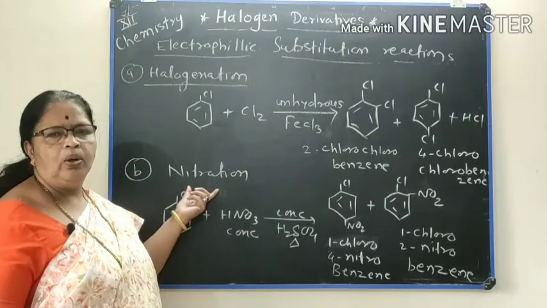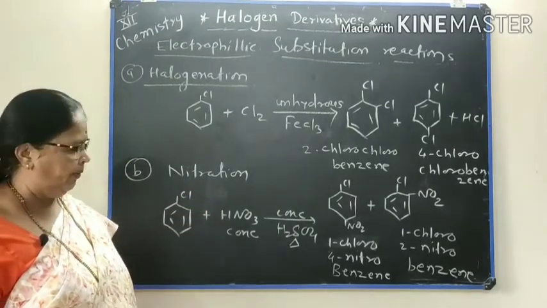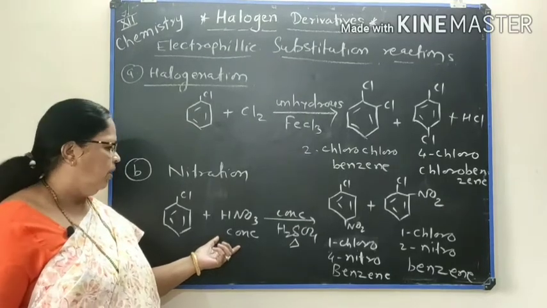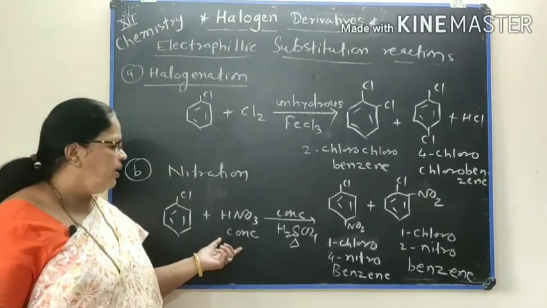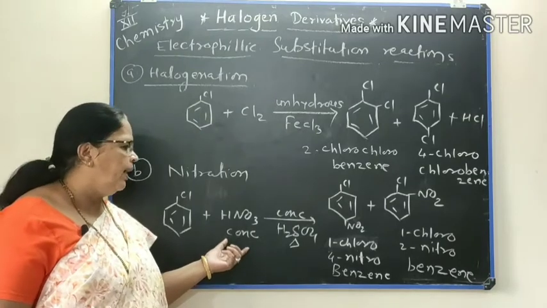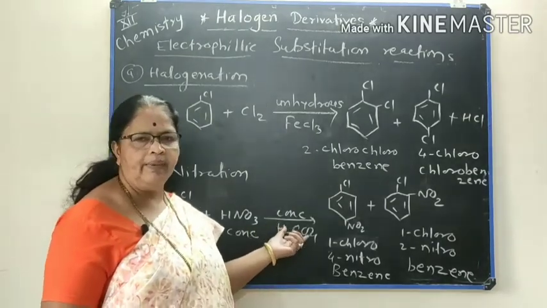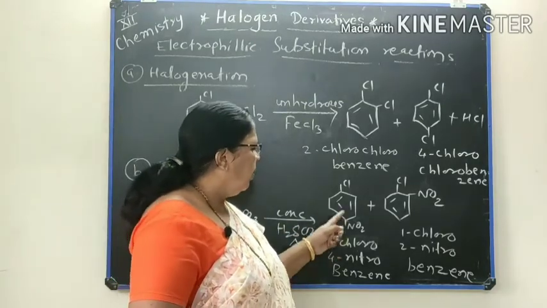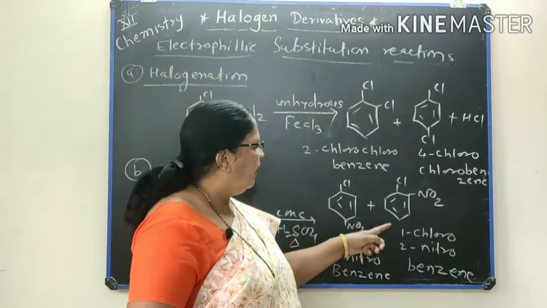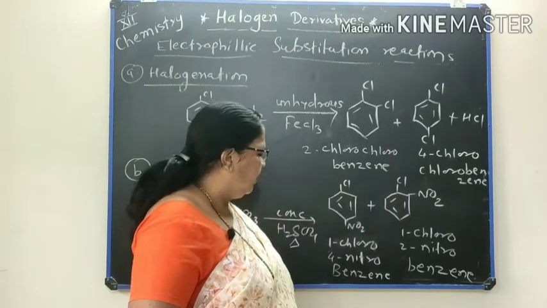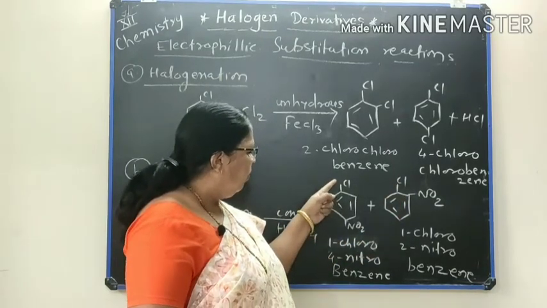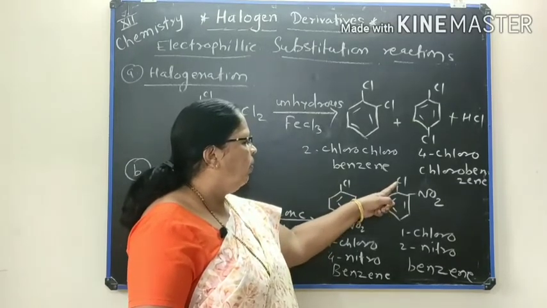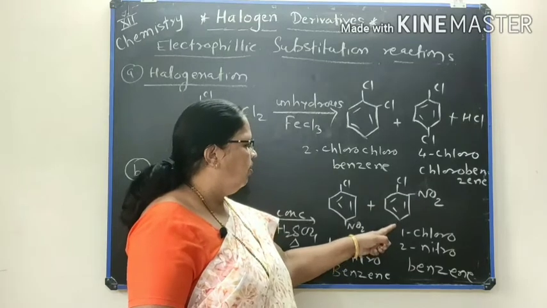Then second reaction, nitration. Addition of nitro group is called nitration. When chlorobenzene is treated with nitrating mixture, that is a mixture of concentrated nitric acid and concentrated sulfuric acid, after heating, it gives the two products, 4-nitrochlorobenzene and 2-nitrochlorobenzene, also called 1-chloro-4-nitrobenzene and 1-chloro-2-nitrobenzene.